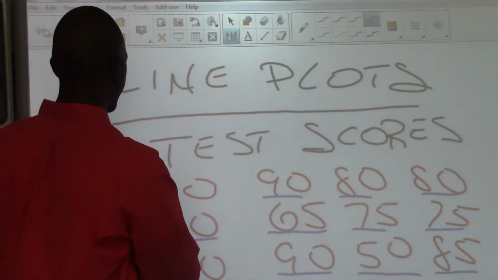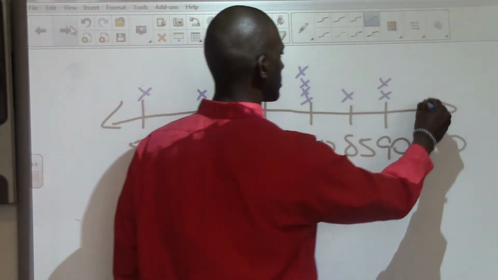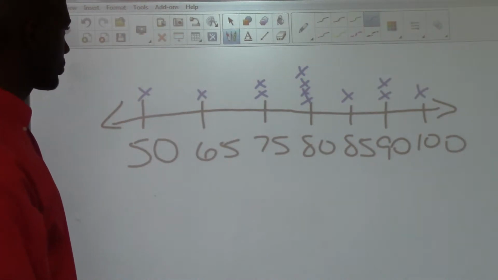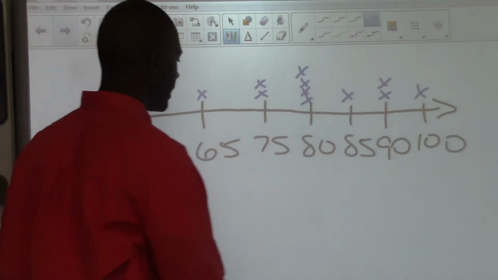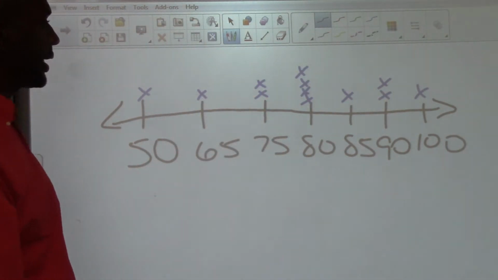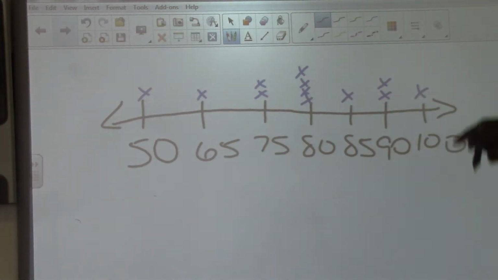And then we have one 100, so we're going to place 1 X above the 100. As we can see, all the scores are represented on the line plot: one 50, one 65, two 75s, four 80s, one 85, two 90s, and one 100. That's how we create the line plot.